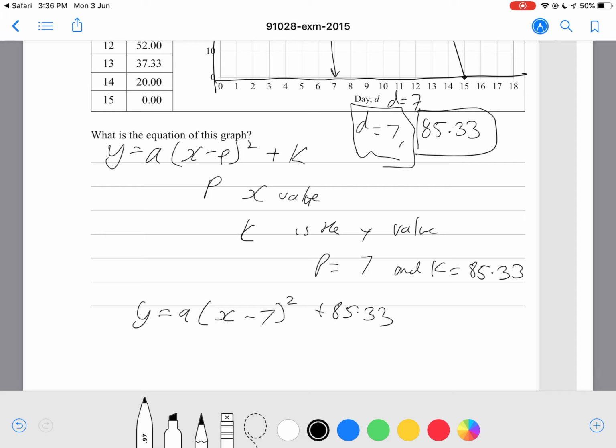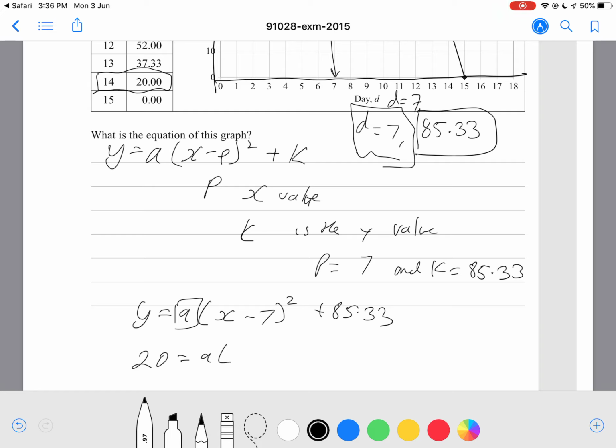But the thing is, we still need to find the a value here. So we're gonna substitute one random point into the equation, and find what our a value is. For example, we're gonna substitute 14 and 20. So we substitute days equals 14 and area equals 20.